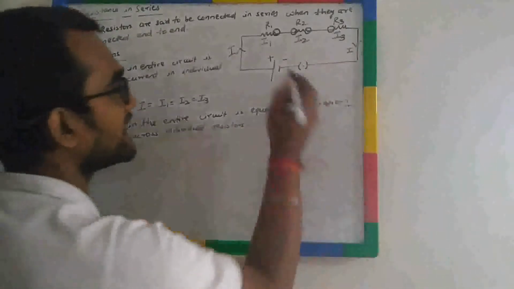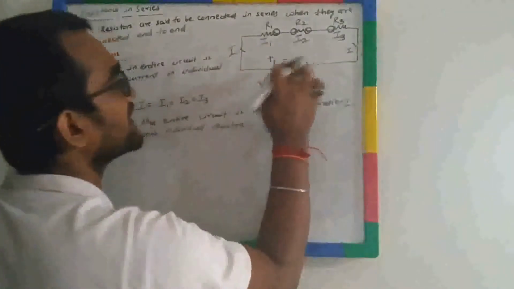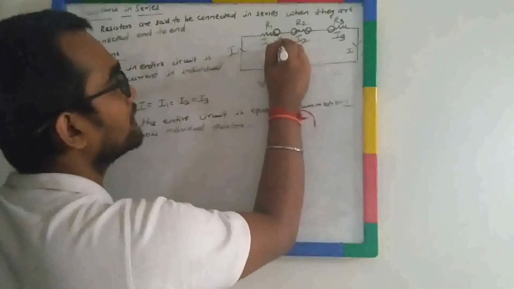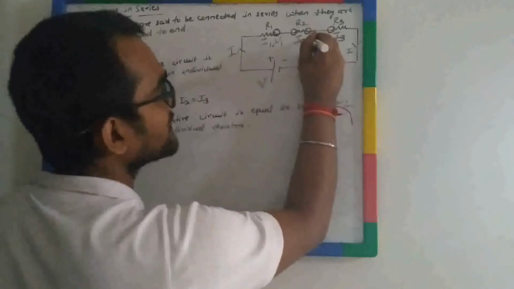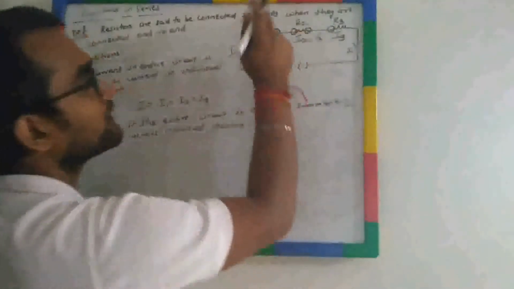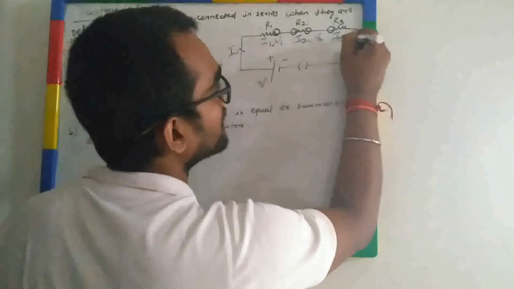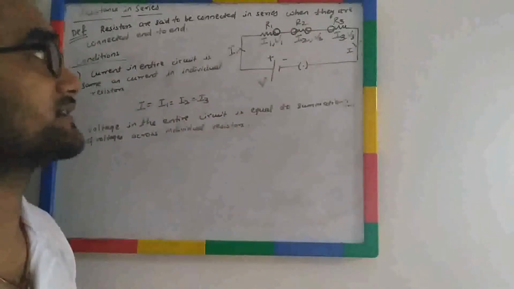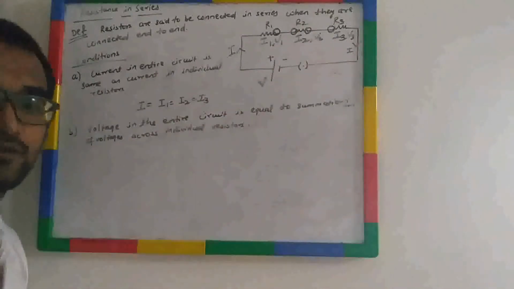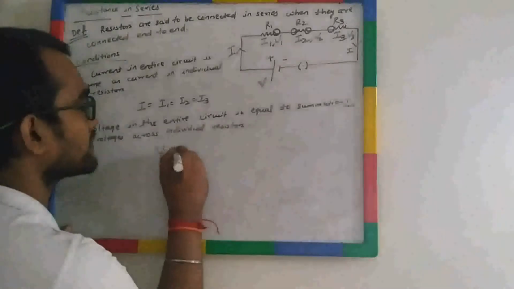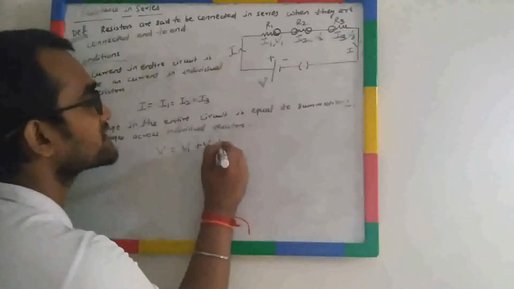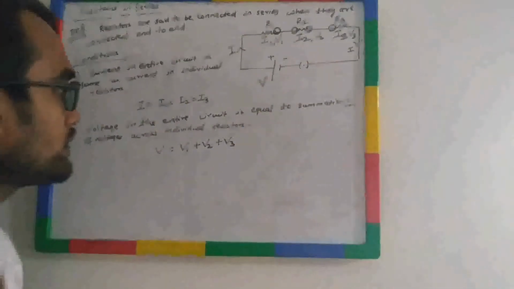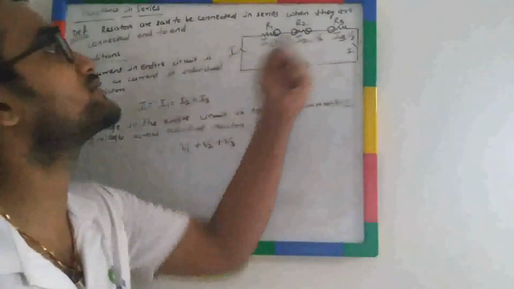That is, let V be the voltage in the entire circuit, V1 be the voltage across resistor R1, V2 be the voltage across resistor R2, and V3 be the voltage across resistor R3. So the mathematical statement of this condition will be V = V1 + V2 + V3. That is, the entire voltage of the circuit is equal to the sum of the voltages of individual resistors.